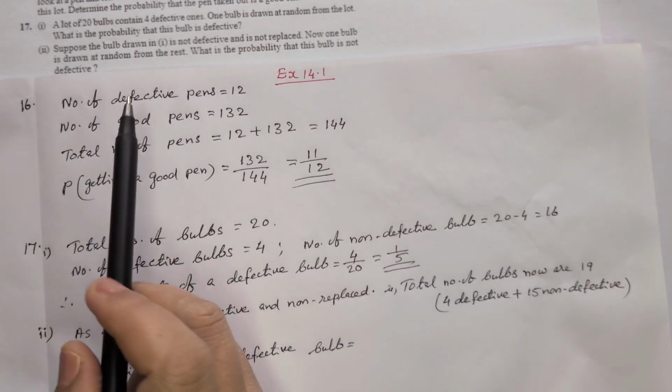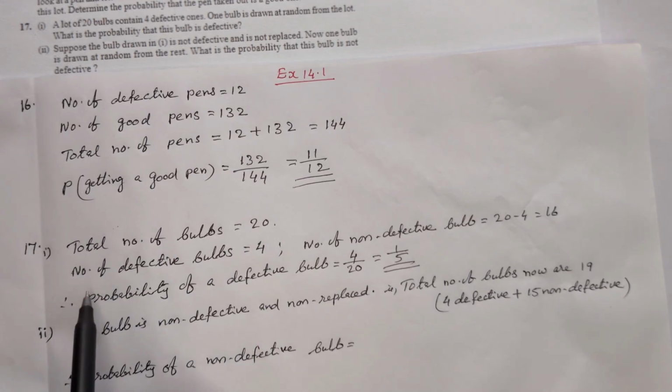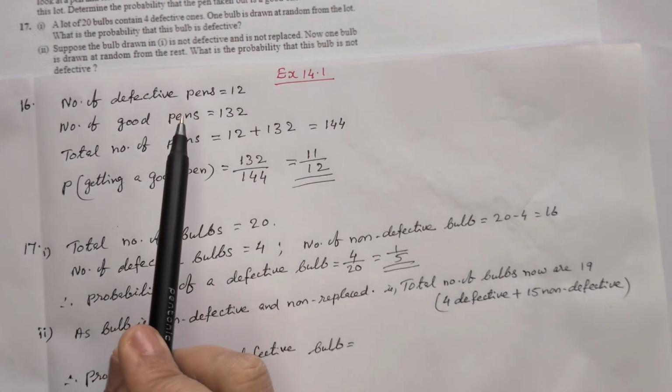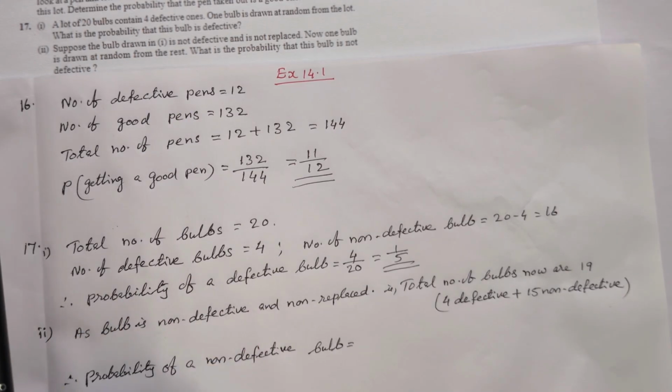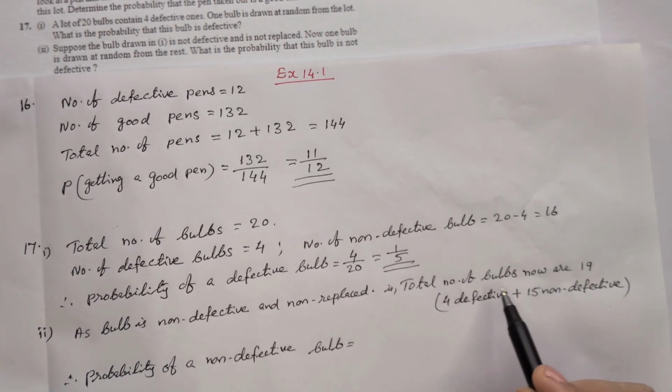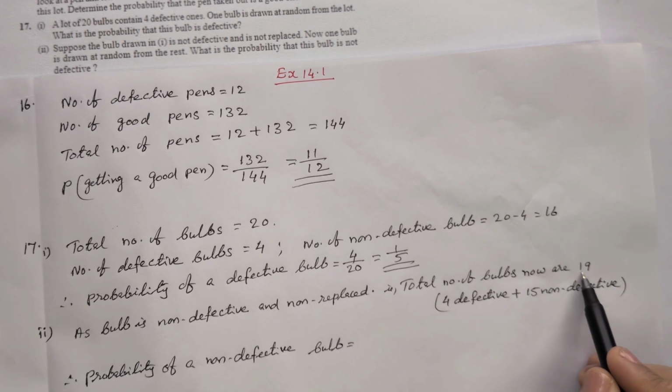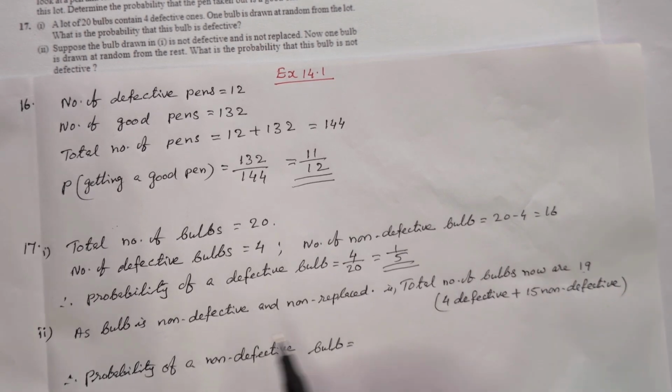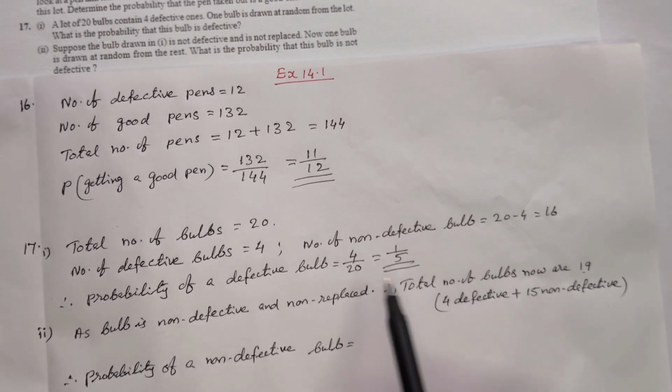Then second part, suppose the bulb drawn in the first part is not defective and is not replaced. That means a total of 20 bulbs were there. Now it's not replaced, so the remaining is 19 only. The bulb is not defective and not replaced. Therefore the total number of bulbs now is 19, with 4 defective and 15 non-defective.